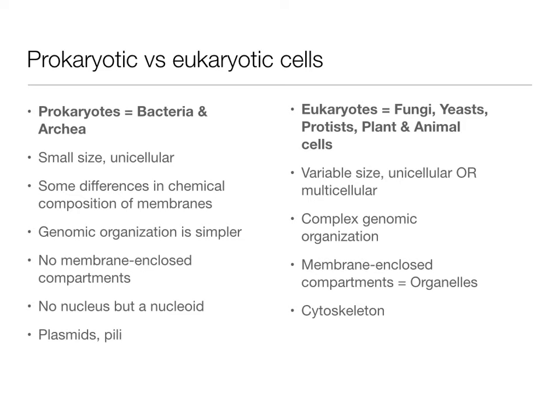They can be unicellular or multicellular, but plant and animal cells are for the most part multicellular. They have a complex genomic organization. They have membrane-enclosed compartments, which we call in general organelles. It is the general name for all the membrane-enclosed compartments, including the nucleus. And they also have filaments that direct the architecture of the cell, and this is called the cytoskeleton.